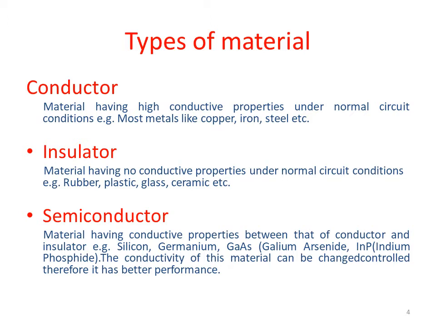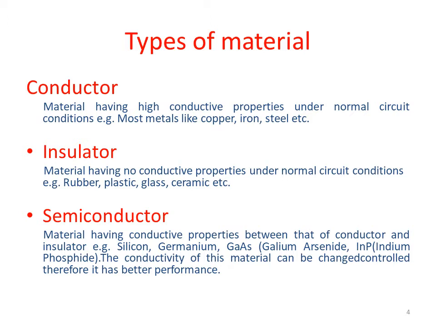The third type of material is the semiconductor material, which we are actually interested in. Semiconductor materials are those materials which have properties between those of the conductor and insulator, and these materials also do not require any special temperature or pressure or any other atmospheric condition for the conduction of electricity.